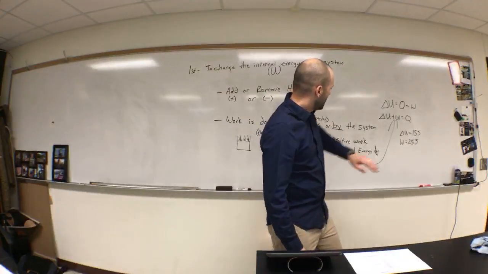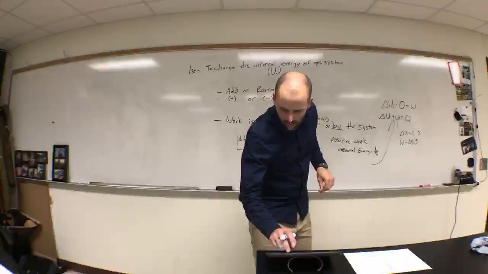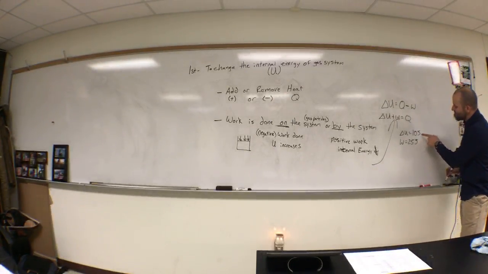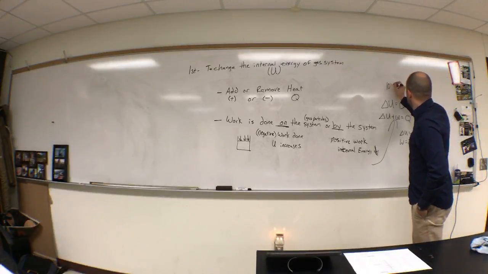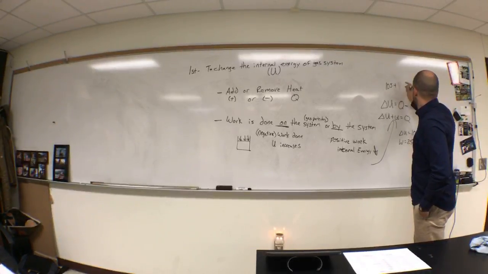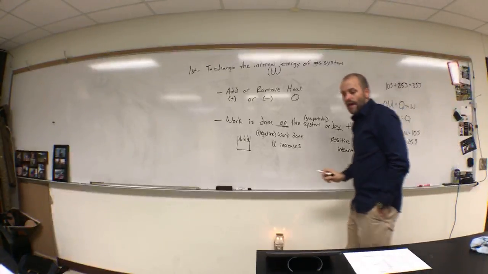Not 15. It was 10. The internal energy was 10. Yep, that was right. And work done was 25. So we'll do 10 plus 25, which gives us 35. 10 joules plus 25 joules gives us 35 joules. And that is number 31.